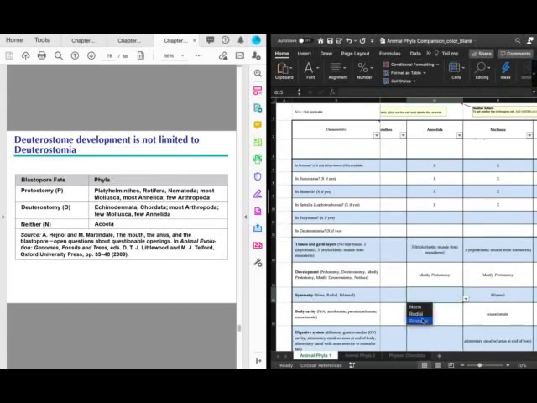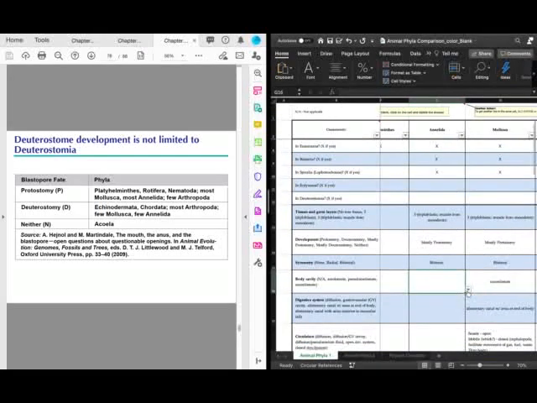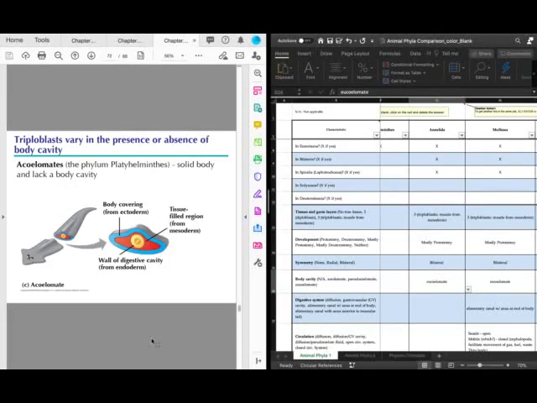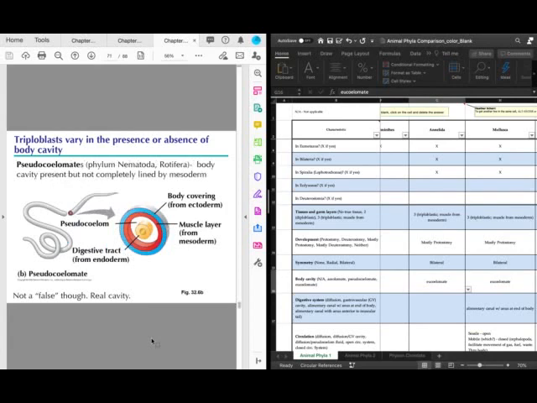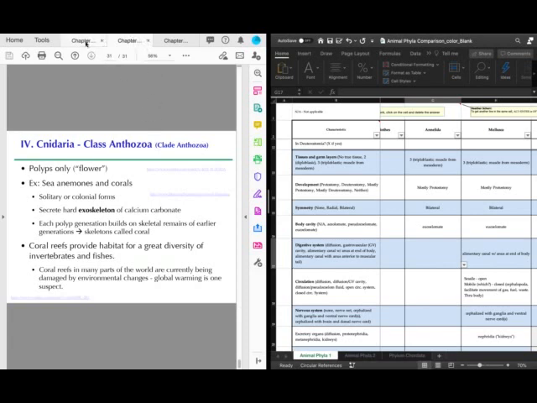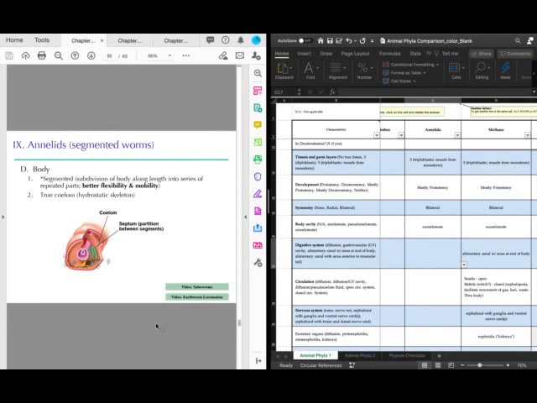Symmetry, we know it's bilateral, so it has to be bilateral. Body cavity, everything is eucoelomate, except for, as I said before, Platyhelminthes, Nematoda, rotifers. Digestive system, so go back here, and you know from the earthworm that it poops out one side and has a mouth, but if we see here, true coelom.